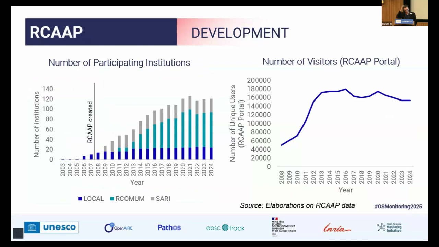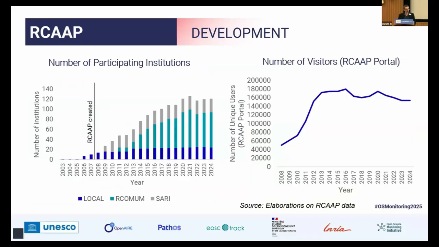Of course, like Rome, it was not built in a day. You can see here on the left side the growth in the number of institutions taking part in RCAP over time. It was launched in 2008, and it grew substantially. You can see the different types of repositories. The local ones are the ones that manage their own repositories and are then aggregated on RCAP.